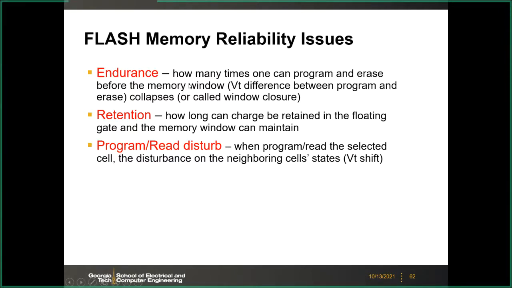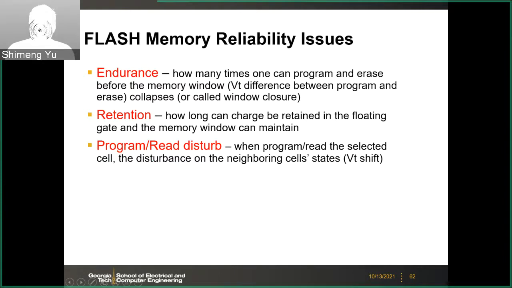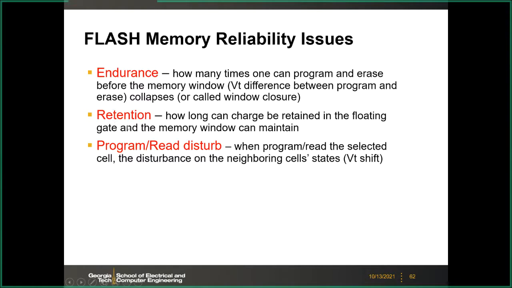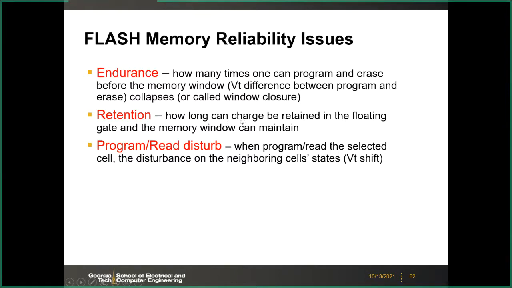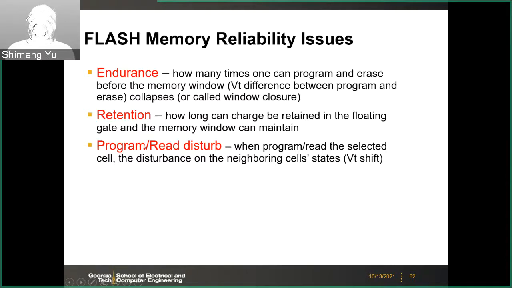Becomes dead means you cannot distinguish program and erase, because you cannot have the VTH window between the program and erase. And the retention means how long the data can be retained. In a floating gate transistor, that means how long the charge can be retained in the floating gate, and how long the memory window can be maintained, like 1 day, 1 week, 1 month.